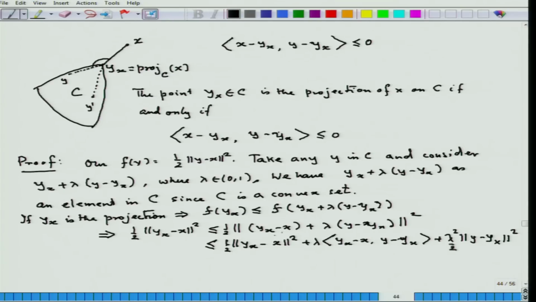Now, this will cancel off. So, you would have 0 greater than or equal to lambda times the inner product of y x minus x and y minus y x plus lambda squared times norm y minus y x whole squared.